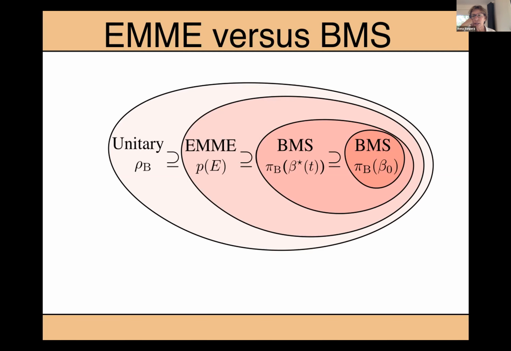Then we recover the Born-Markov secular approximation in which our system has an effective non-equilibrium temperature, which changes in time. It's a dynamical thing. And finally, the typical Born-Markov secular approximation is that we have a system which is at a fixed temperature, beta, the inverse of the temperature, and it doesn't change in time. So this is how one goes from an infinite bath system to a finite bath system.